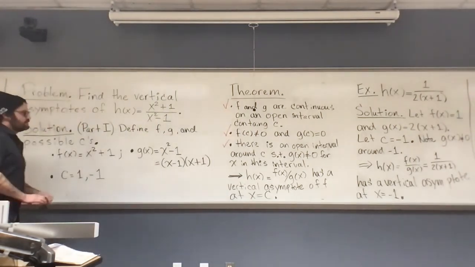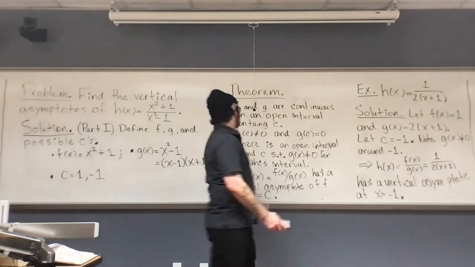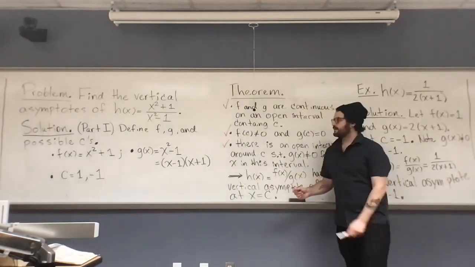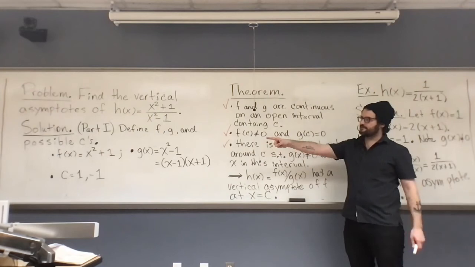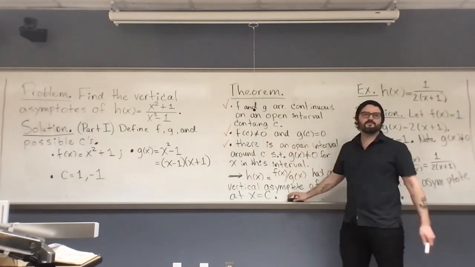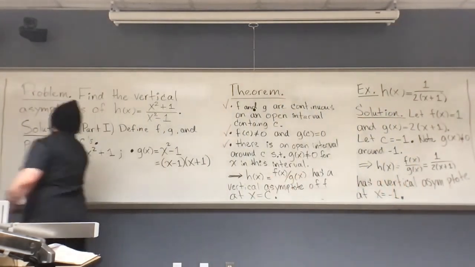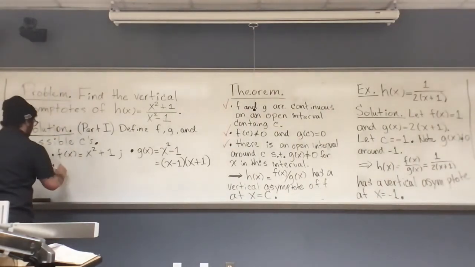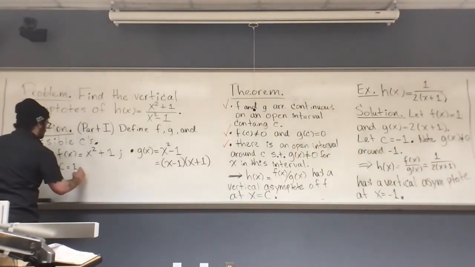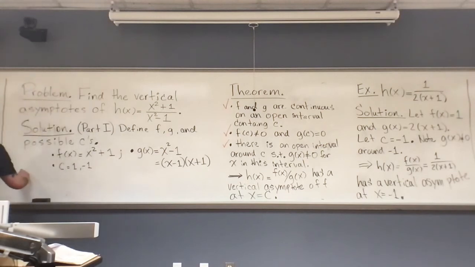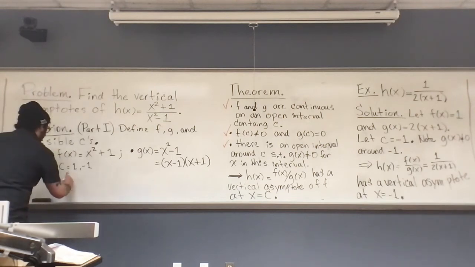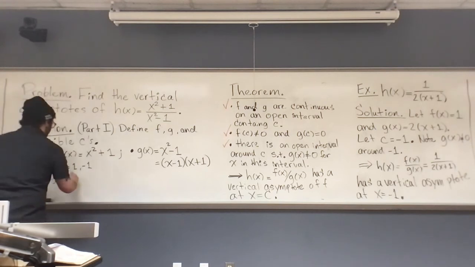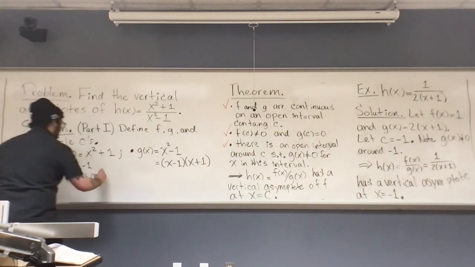Now, part 2, it's pretty easy to verify, right? F does not equal 0 at either one of those c's. All right, so c is equal to 1 and minus 1 possibly, and in part 2, f of 1 does not equal 0.